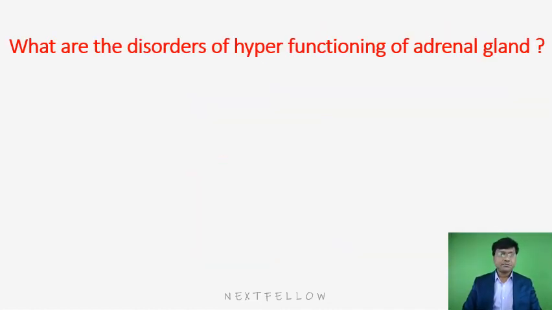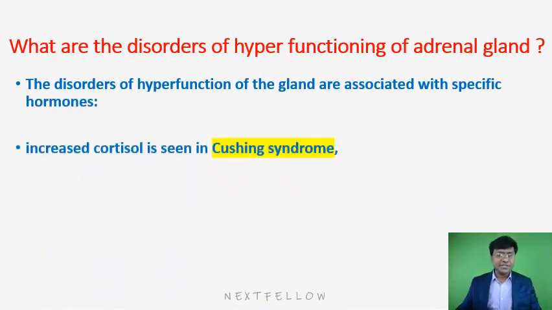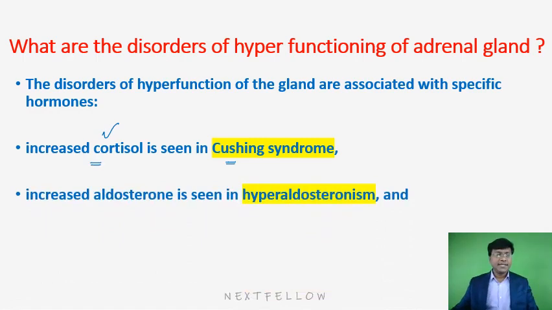Then you need to know the disorders of the hyperfunctioning adrenal gland. If there is hyperfunctioning of the zona fasciculata, which produces the corticosteroids, the individual will end up with Cushing syndrome. So in Cushing's, there is increased cortisol. If there is increased aldosterone synthesis, that is called hyperaldosteronism, and we see that in patients with Conn syndrome.